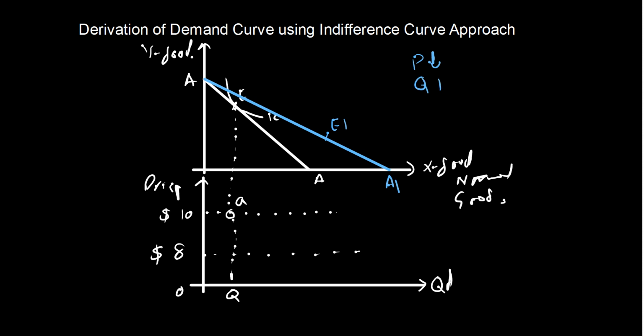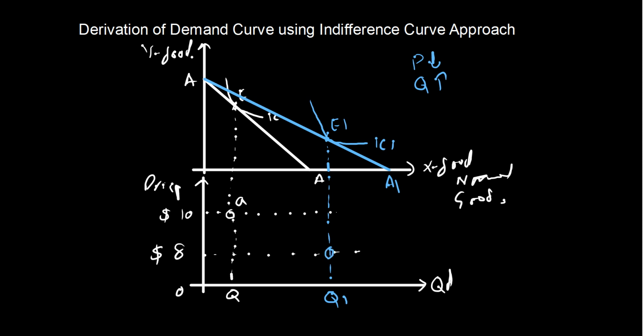So we will have to draw another IC curve. The new budget line A1 is tangent to the new indifference curve IC1. Now draw a perpendicular from E1 to quantity Q1, and since price has decreased from $10 to $8, this perpendicular intersects the $8 price at point B.